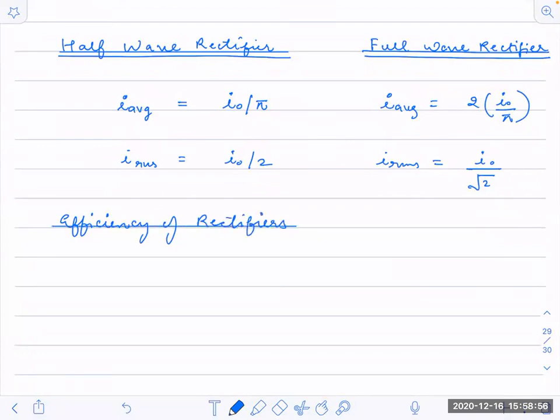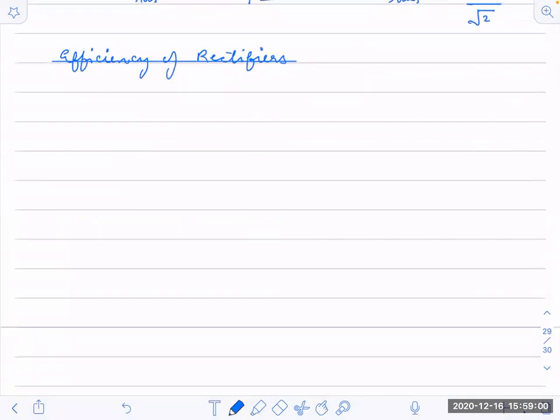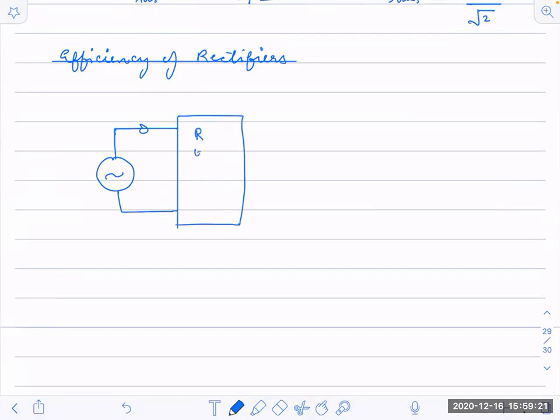Within the efficiency of the rectifiers, suppose this is an AC supply, and from this AC supply I have connected a rectifier. For that complete setup, we are just putting a box, and you have to understand that we have a rectifier here.